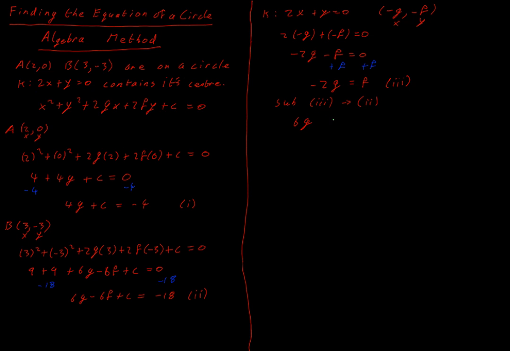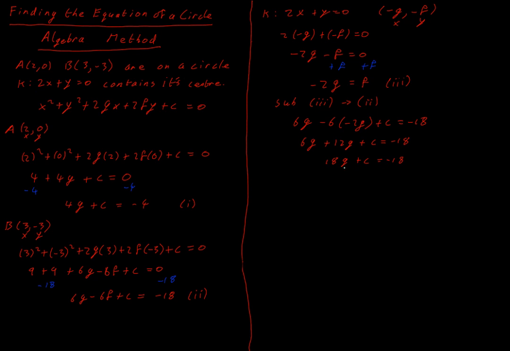So we're subbing in minus 6 on minus 2g plus c is equal to minus 18. So I have 6g plus 12g plus c is equal to minus 18. So 18g plus c is equal to minus 18.